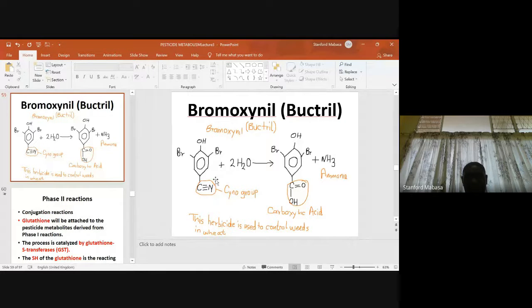Again, this can occur on the bromoxynil wheat herbicide, which is also converted to an acid plus ammonia. By the way, we could have fungicides and other pesticides, as long as they possess this cyano group, they are likely to be converted using a similar process.